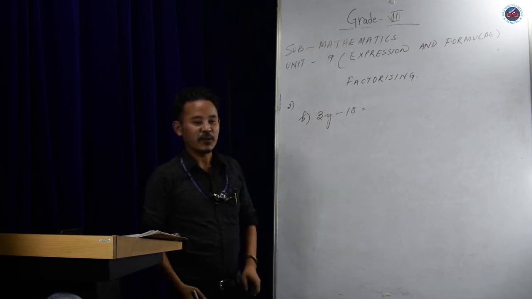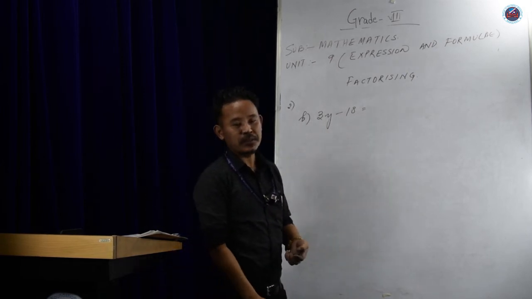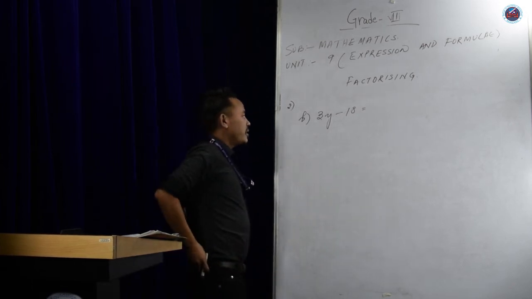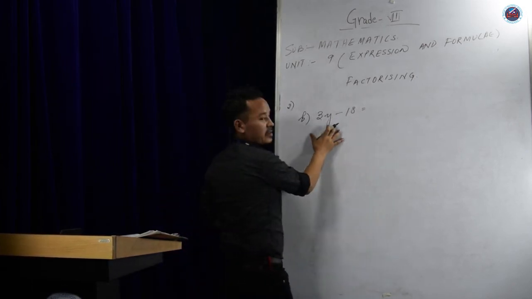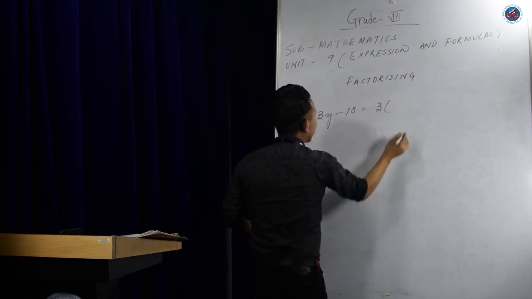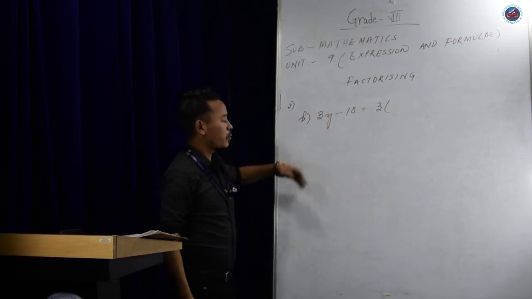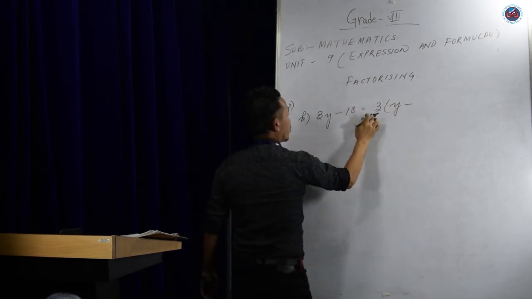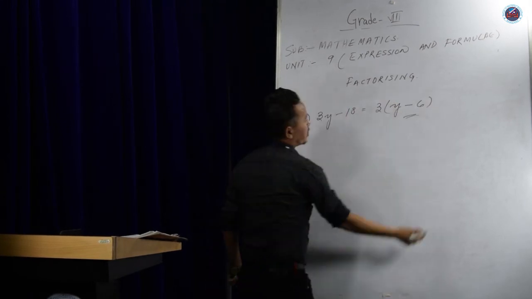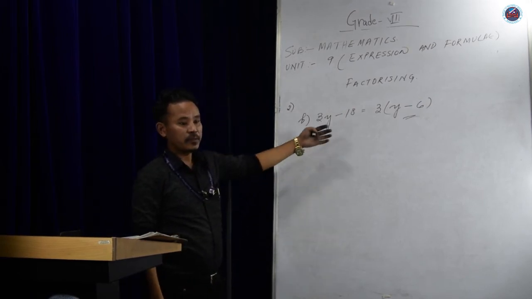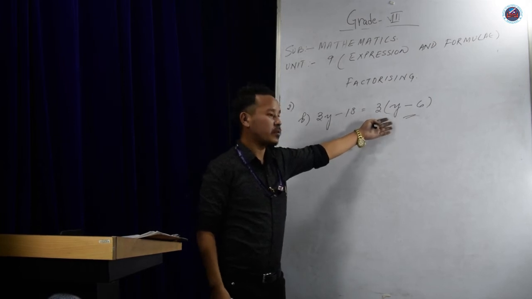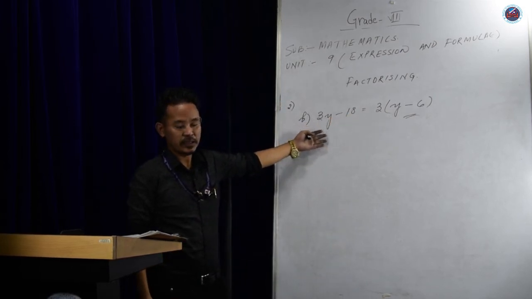As we can see, 3 and 18 are both multiples of 3, right? So I can take the common factor, 3, out, and what remains is the variable y minus 3 into 6, which gives us 18. That's very simple. As I said earlier, if you doubt, solve this one and make sure that you get the quotient as your answer. That's it.